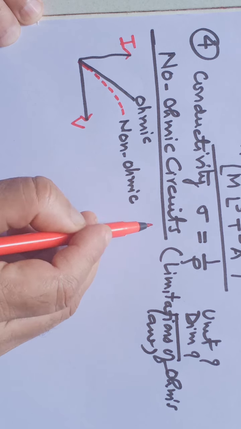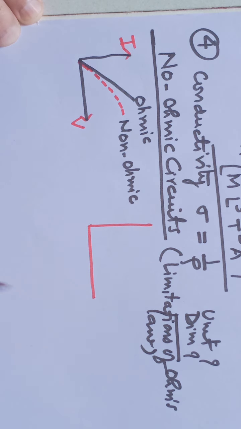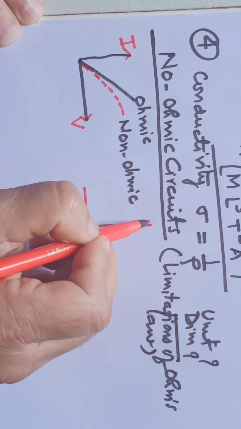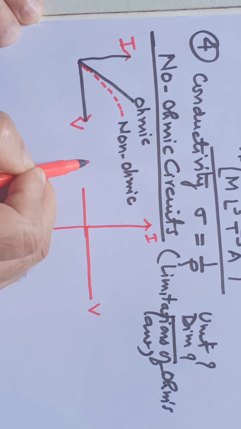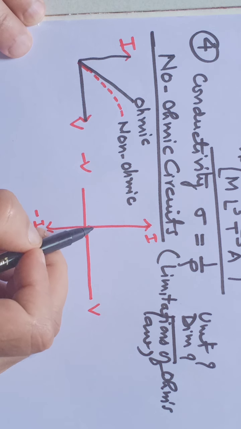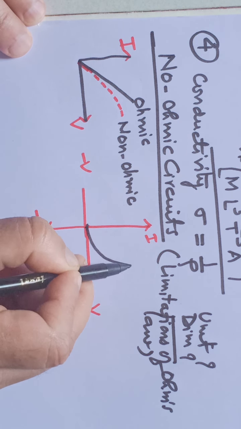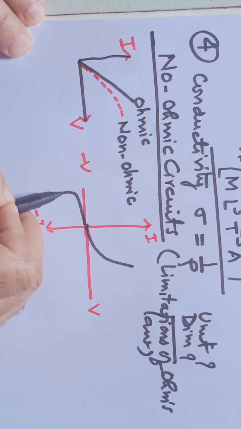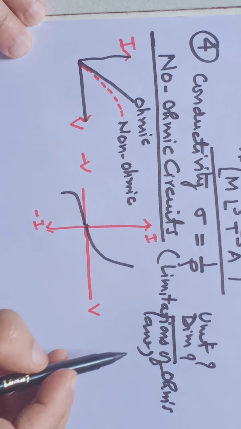Again, the graph may be like that. Suppose we have potential difference here, current here. Here is negative potential difference. The direction of current is in the reverse direction. And if the graph is like that, again it is a non-ohmic graph.